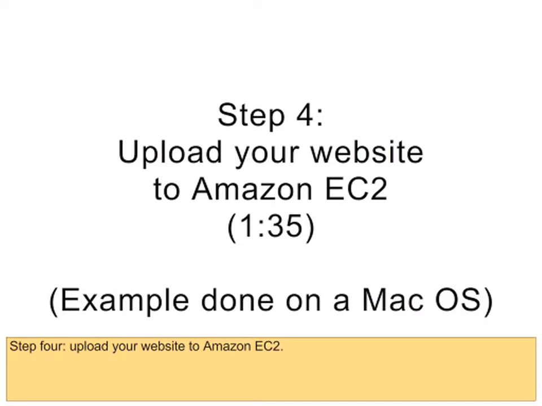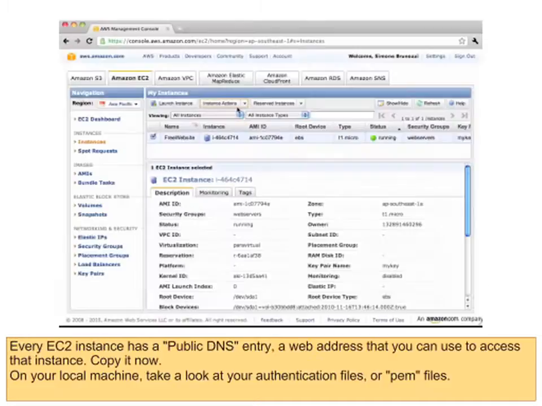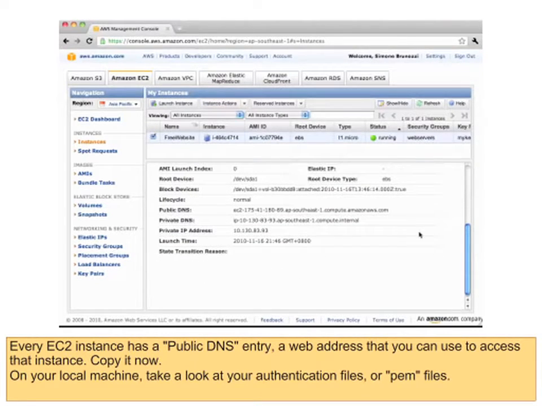Step 4. Upload your website to Amazon EC2. Every EC2 instance has a public DNS entry, a web address that you can use to access that instance. Copy it now. On your local machine, take a look at your authentication files or PEM files.